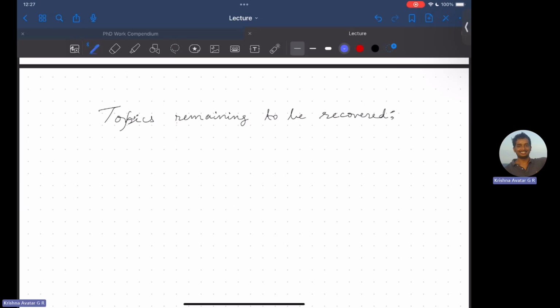first of all, curvilinear coordinates, rather tensor calculus.